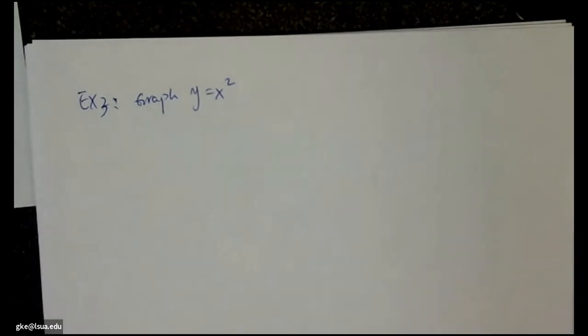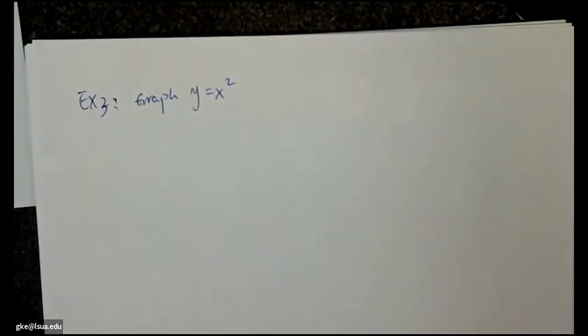Okay, so the idea is going to be very straightforward. Pick as many points as you can, and then connect all the points. Then you can get the curve. However, for this type of function, we usually pick 5 points. These 5 points can be randomly picked. They should include negative values for x, positive values for x, and x equals 0.